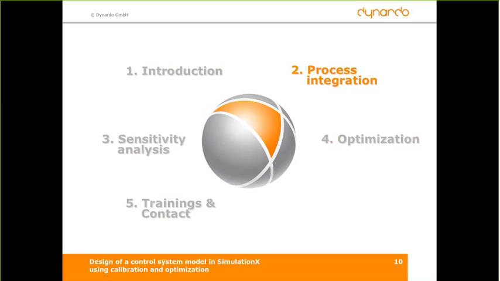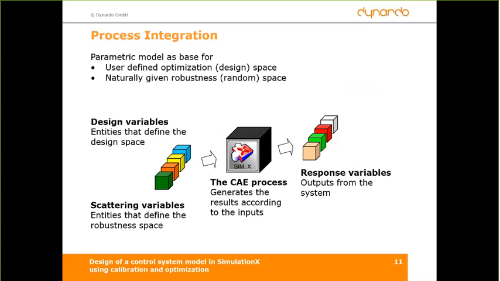As a first step, we need to connect the SimulationX model with optiSLang. For process integration, we have to define the parameters we want to modify with optiSLang. This may be so-called design variables in the sensitivity and optimization part, or scattering variables in a robustness analysis.